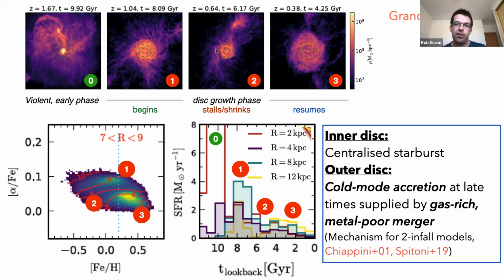That dilutes the gas metallicity around the edges of the disk, and we get brought back to here in the alpha abundance diagram. Then once this gas settles, star formation is reinvigorated at this late time. The disk galaxy grows out again and forms the low alpha sequence. In this way, we can get this bimodality at a metallicity of about 0.2 or so in this case.